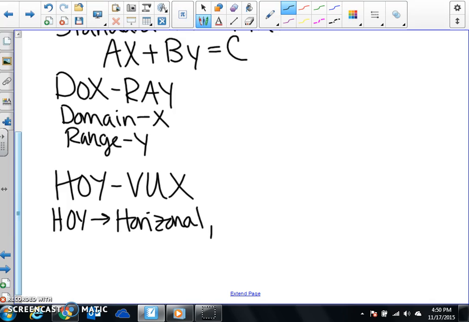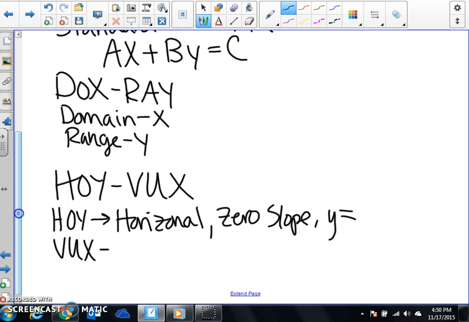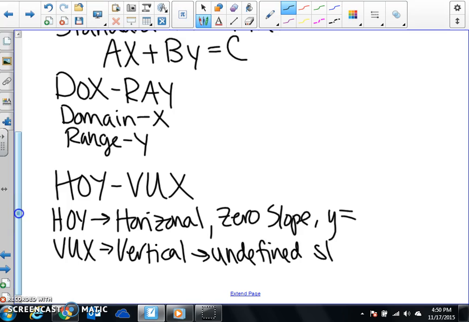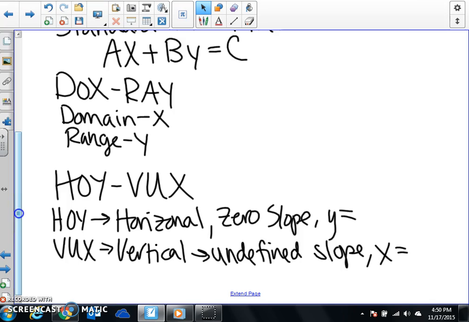That O is actually a zero slope, which you can definitely check with slope guy, and that's a y equals equation. The vux is vertical. That's an undefined. The U stands for undefined slope. And that's an x equals equation. Alrighty, study hard.